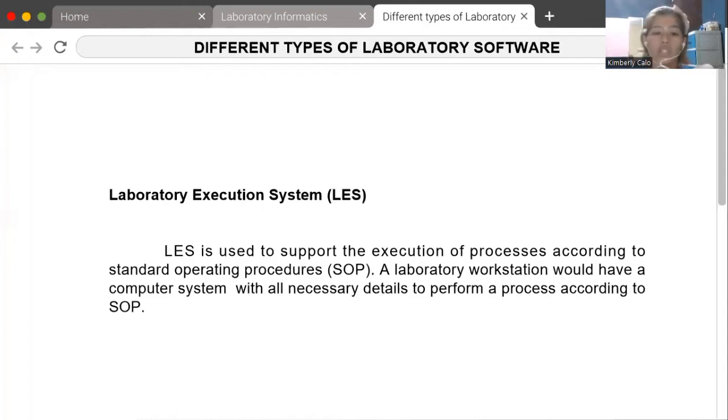So laboratories using laboratory execution systems can simply document critical method execution phases as they happen in the lab, which helps to ensure standard operating procedures are being followed and tasks are being performed in a controlled and compliant manner.